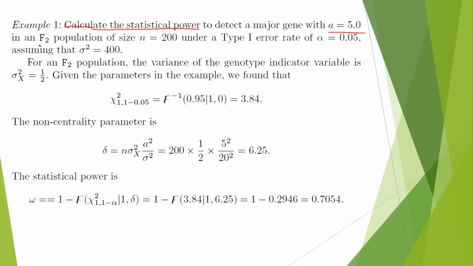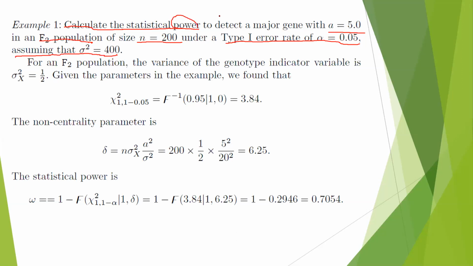We also know this is from an F2 population, and the sample size is 200. We need to achieve the type 1 error of 0.05, which means the significance level alpha is set to 0.05. We also assume that the variance of the residual error equals 400. Given all this known information, how do we calculate the power?